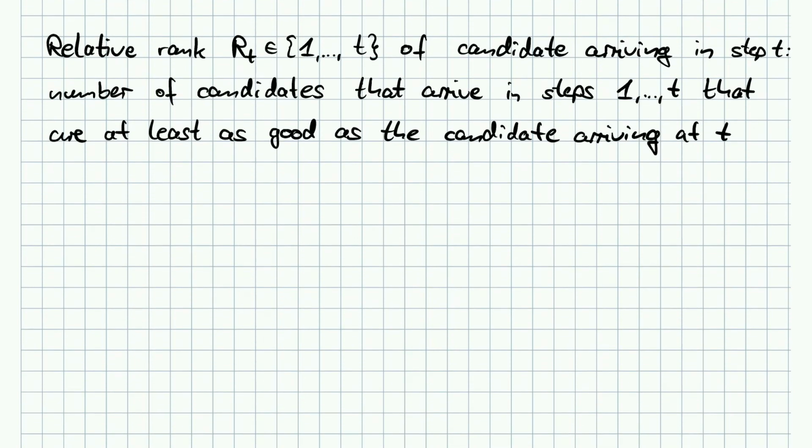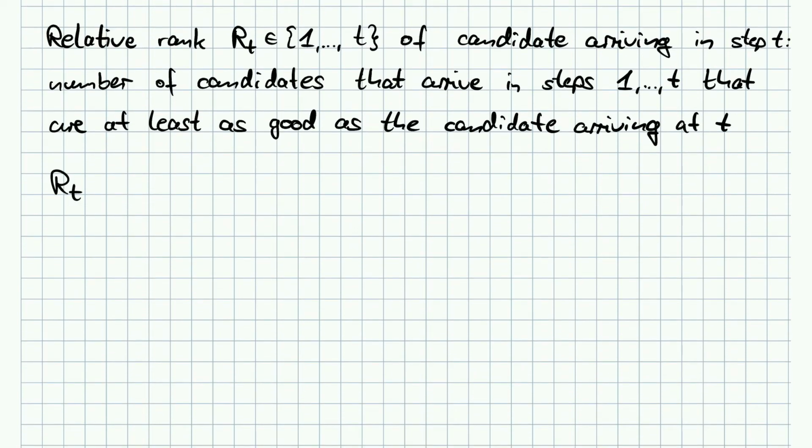What does this mean? This means that if R_t is equal to 1, then the number of candidates that arrive in steps 1 through t that are at least as good as the candidate arriving at t is only 1. So, how many better candidates arrive before candidate t? Well, 0. So this means that the candidate arriving at time step t is the best so far.